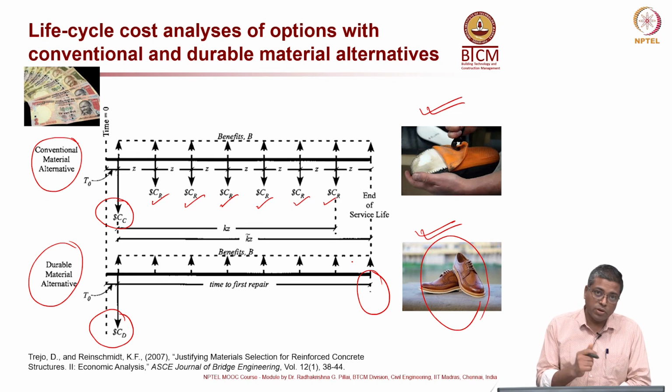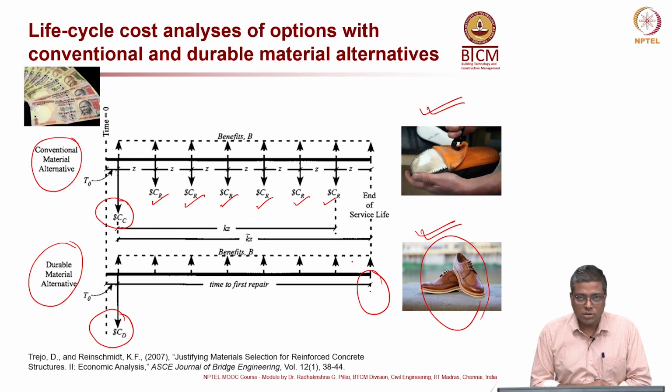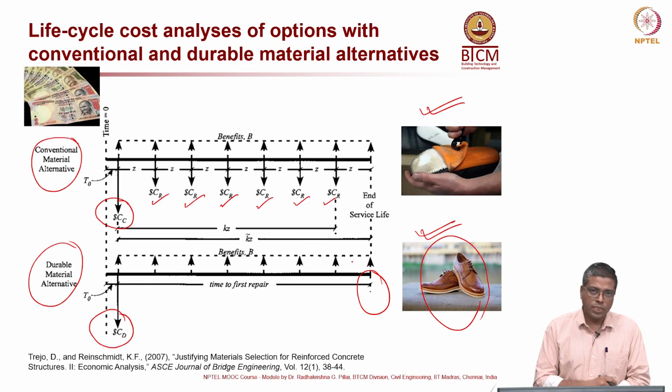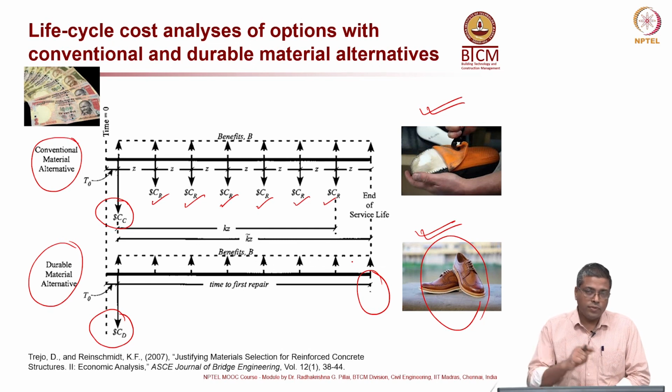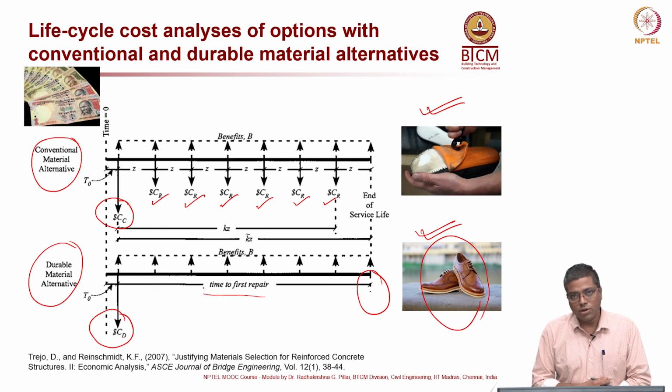I would say we should prefer the durable option or the good quality shoe, so that you can continuously use that shoe for a long period of time. Same case for structures also. If we are able to afford a little bit of extra payment in the beginning, and you can avoid all the intermediate repairs and increase the time to first repair, that is always a better option.